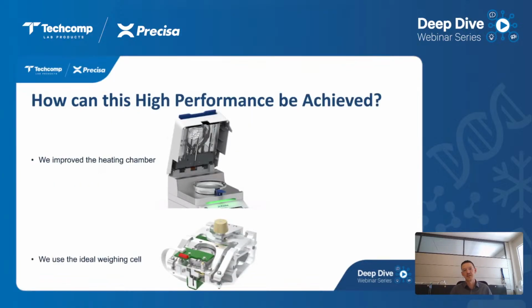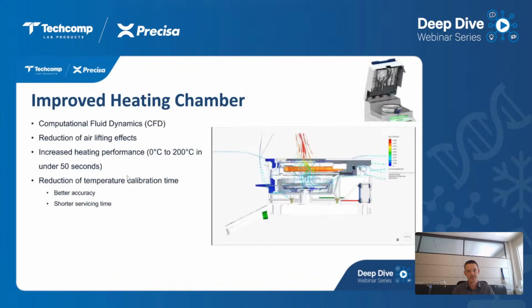How can we achieve this high performance? We have an improved heating chamber with our new moisture analyzer, and we also use the ideal weighing cell for this application. The improved heating chamber all started with state-of-the-art software, computational fluid dynamics, short CFD, which we can see here on the right.